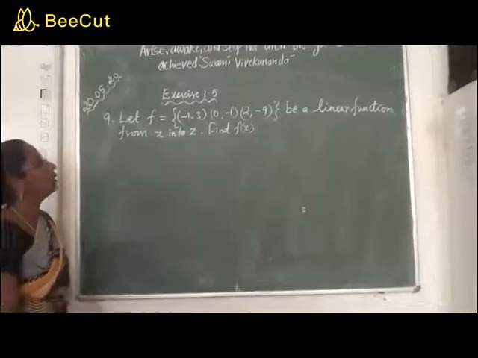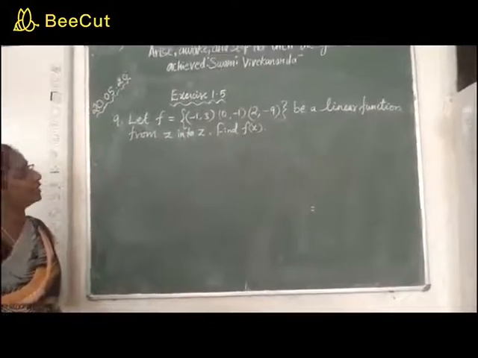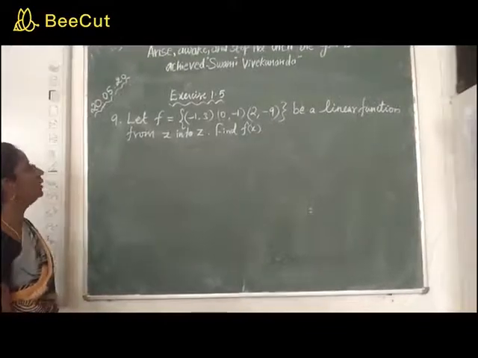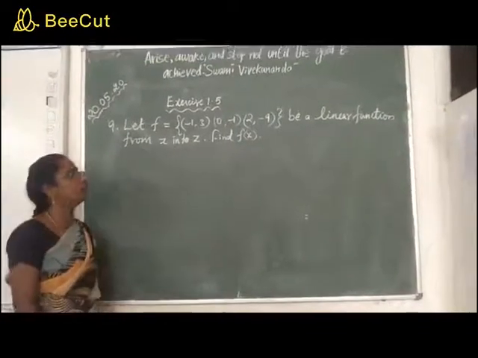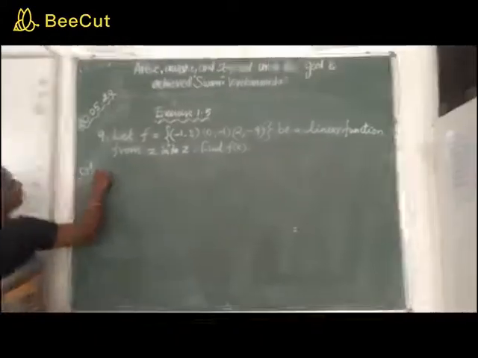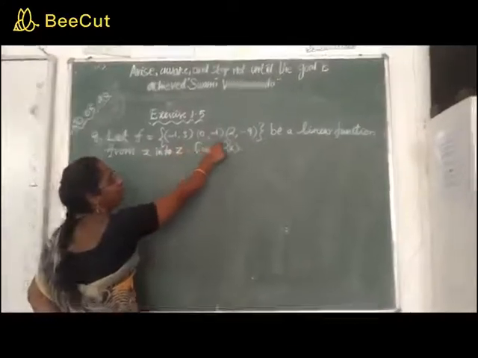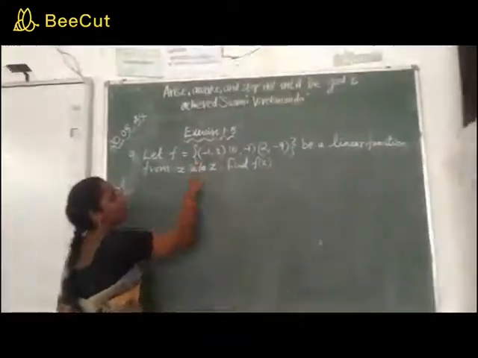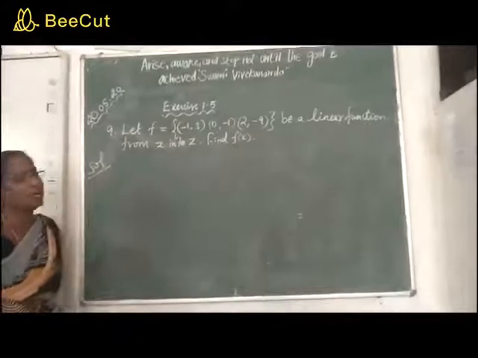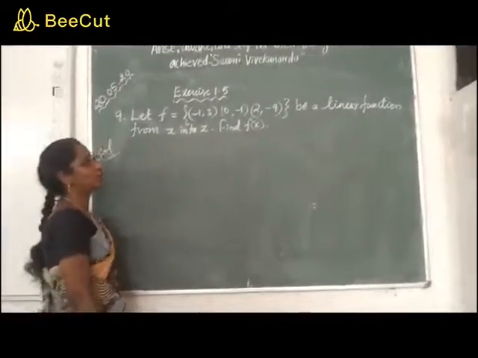Let f be the set {(-1, 3), (0, -1), (2, -9)}, a linear function from Z into Z. Find f of x. Solution: the f value is given as a set of ordered pairs, where the first value represents the domain value and the second number represents the range of the function.